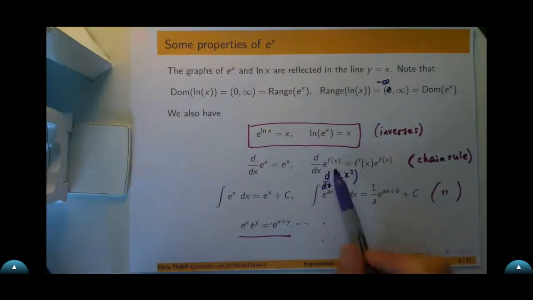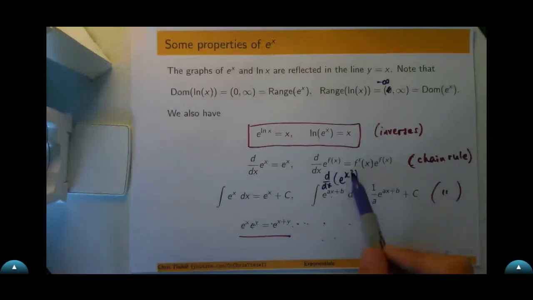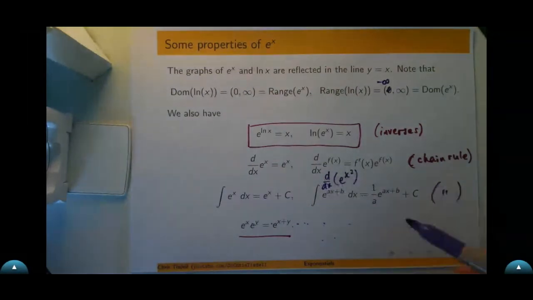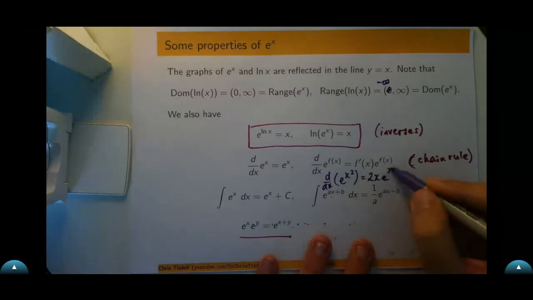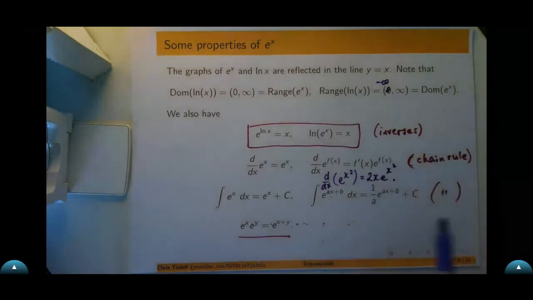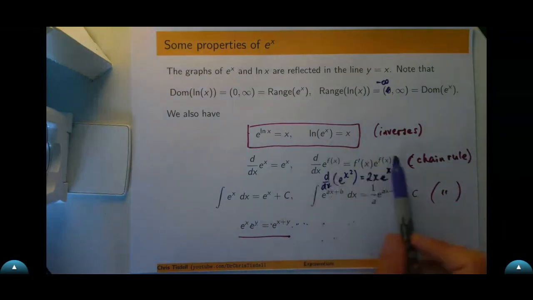This is like this form here. Well, x squared is the exponent function. Differentiate it and bring it to the front. So it will be 2x e to the x squared. Okay, so that's a really basic example of applying this general theorem or general identity.